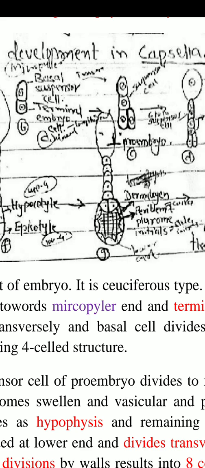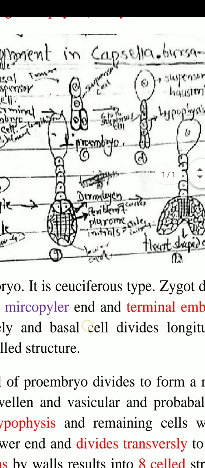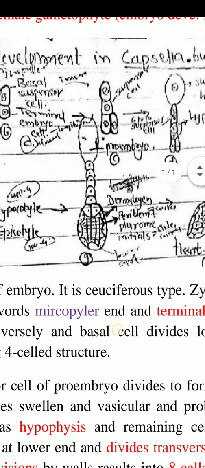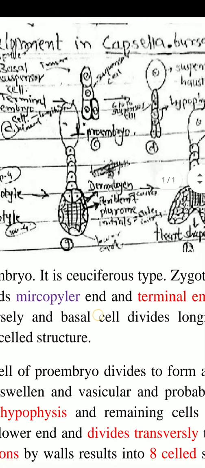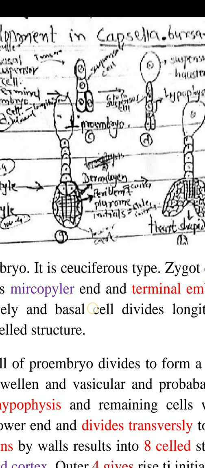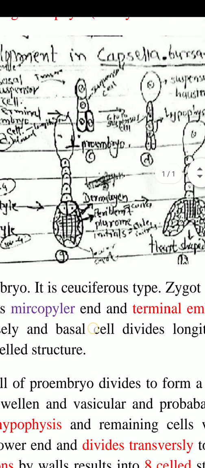Then we look here very carefully, where these two-celled suspensor cells are again divided to form six cells.